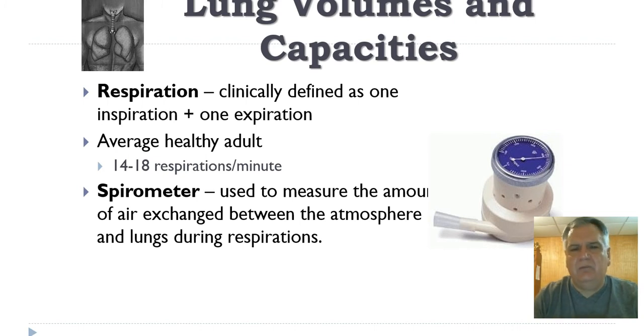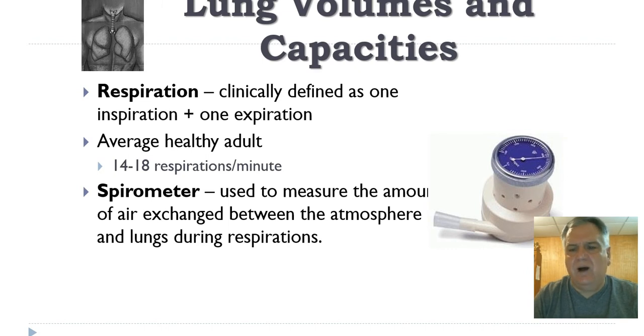The question becomes, as we breathe in and out, how much air is actually moving in and out of the lungs with each breath? We can measure the amount of air that's exchanged between the atmosphere and the lungs during these respirations with an instrument that's called a spirometer. So here on the right-hand side, you have one type of spirometer. This is called a dry spirometer.